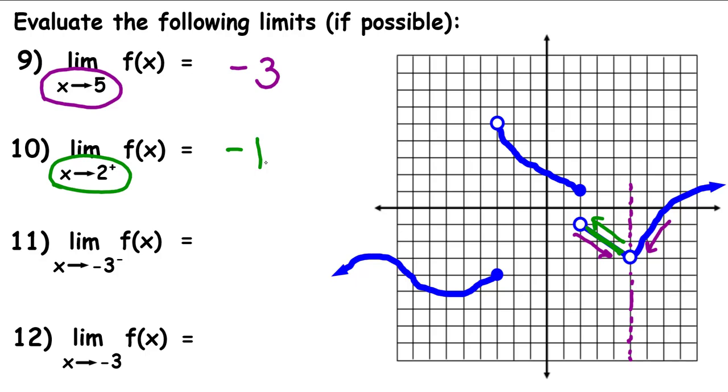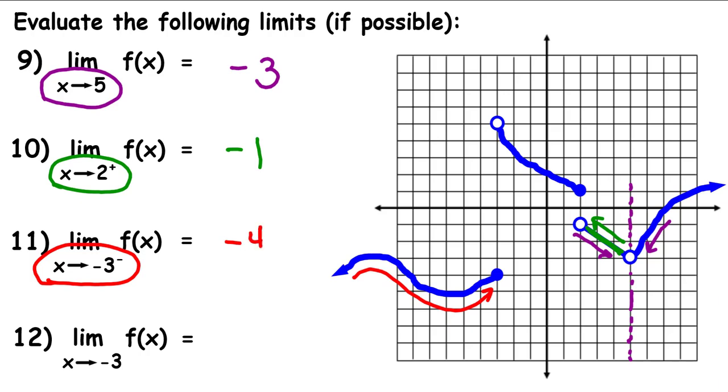All right, number 11. 2 more to go. This time we are approaching -3 from the left. Again, that second minus means we're coming from the left-hand side. And so we're traveling along this curve, heading towards -3, and we stop. And we actually ended up at a location, and that location has a height of -4.